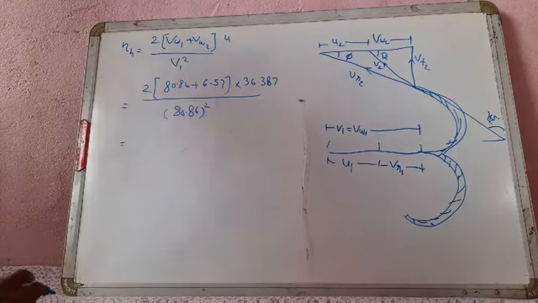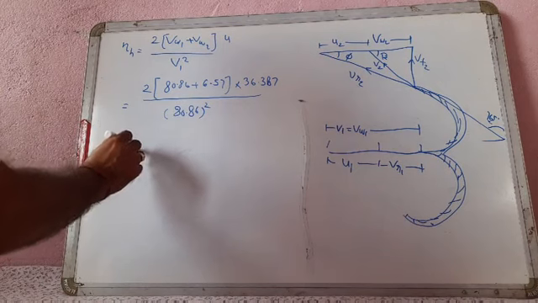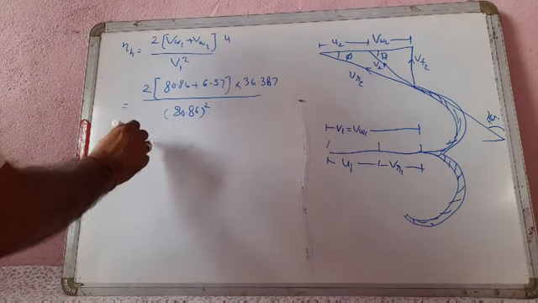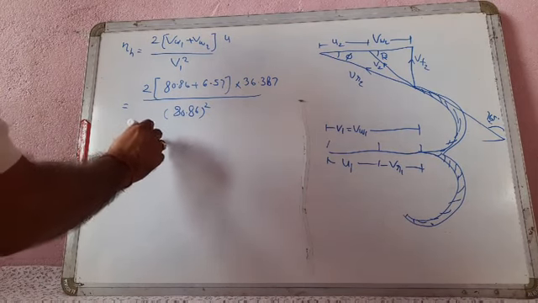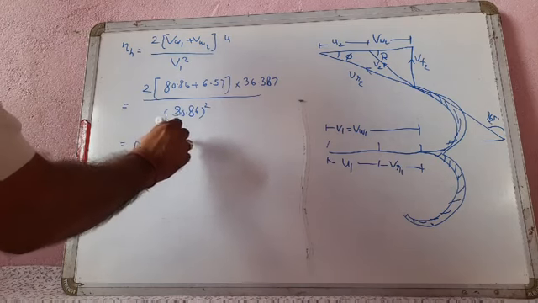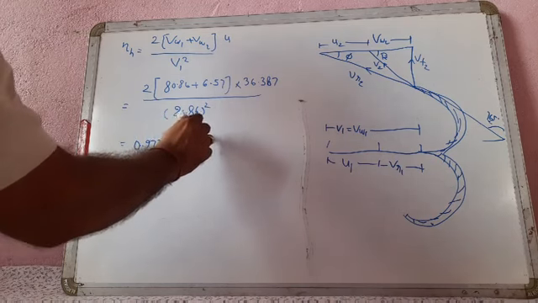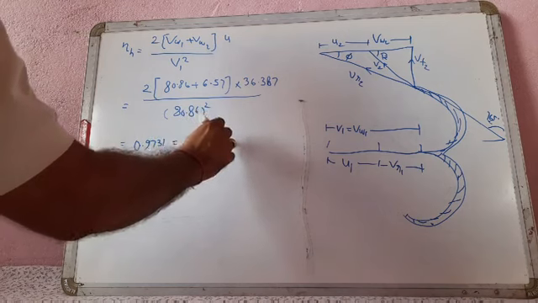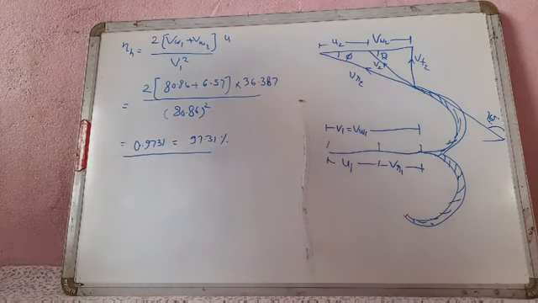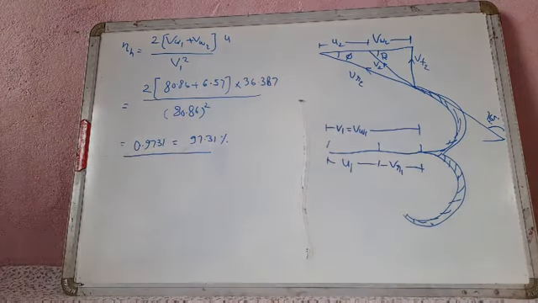So this hydraulic efficiency is 0.9731, equal to 97.31% of this Pelton wheel turbine.